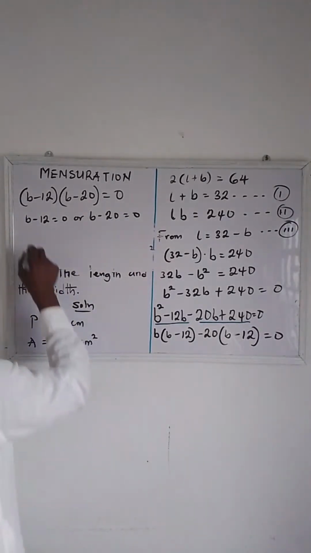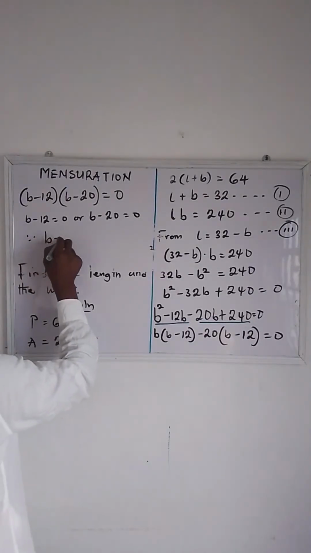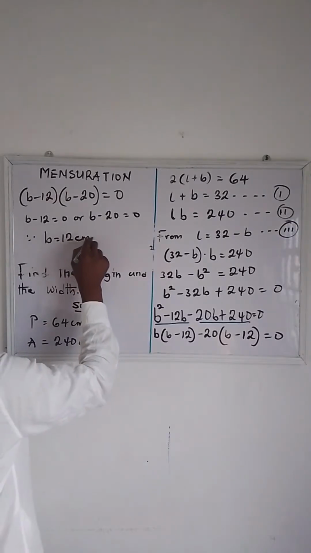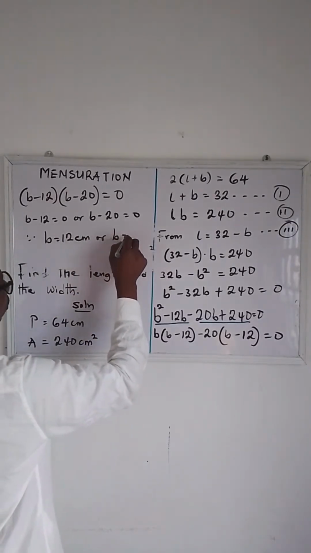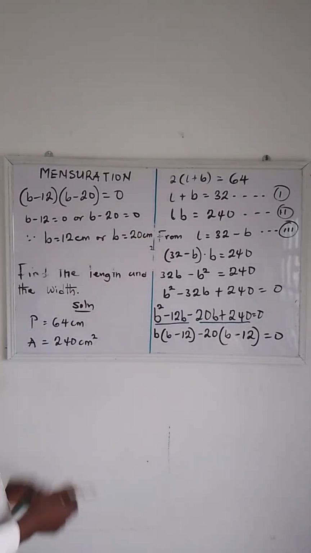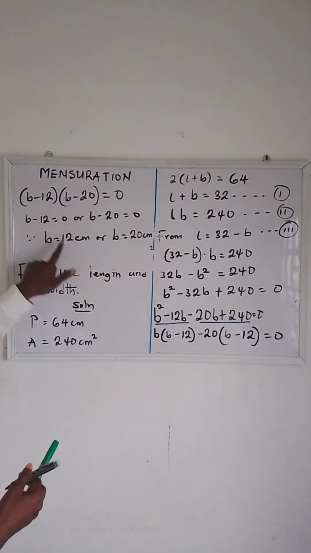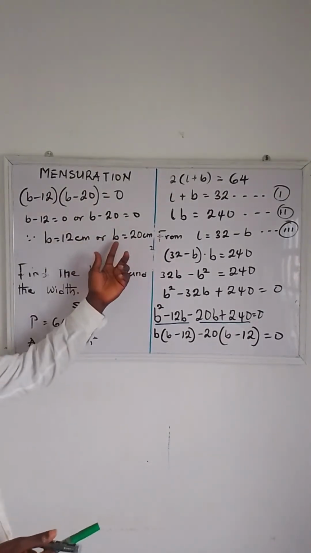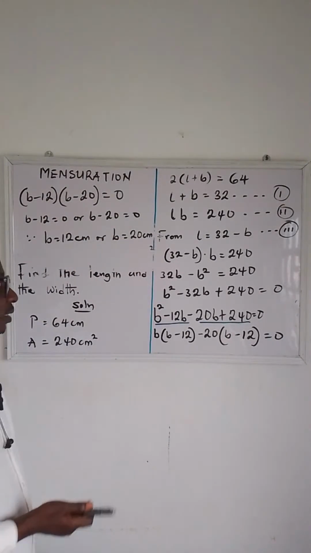Therefore B equals 12 centimeter or B equals 20 centimeter. If you add 12 to both sides, this is what you have. You add 20 to both sides, you have B equals 20 centimeter.